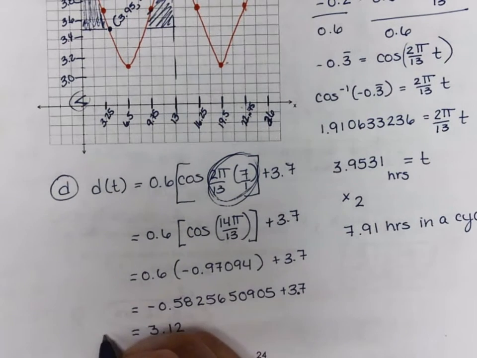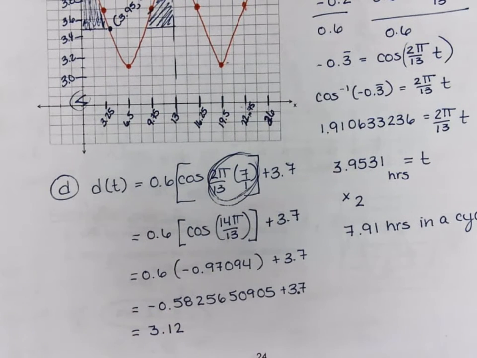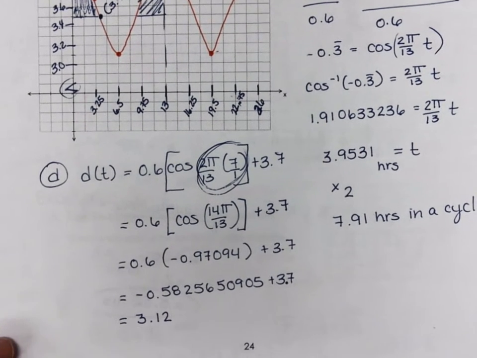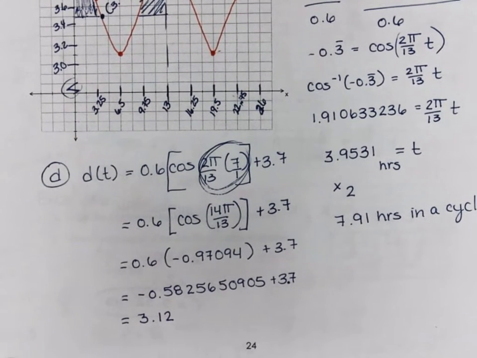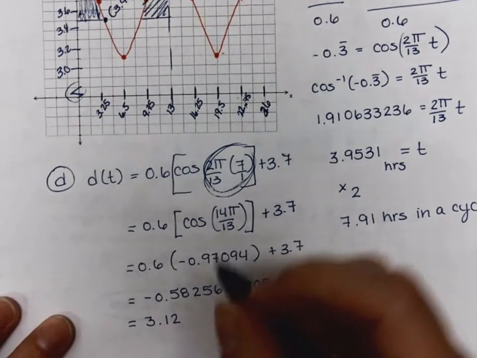Okay. So that's a depth, that's in meters, but that doesn't answer the question. At what other hours is the water at this depth? This is a bit of a difficult one. So this is a depth, so this is on here.